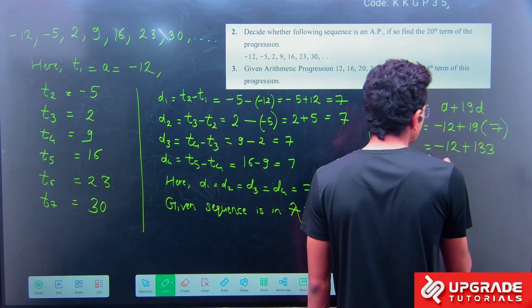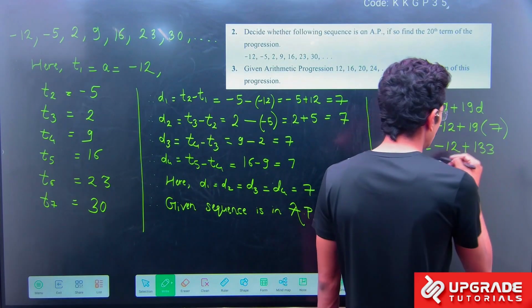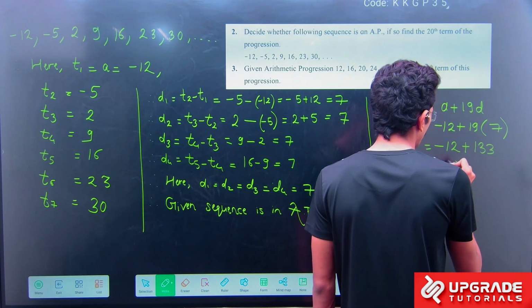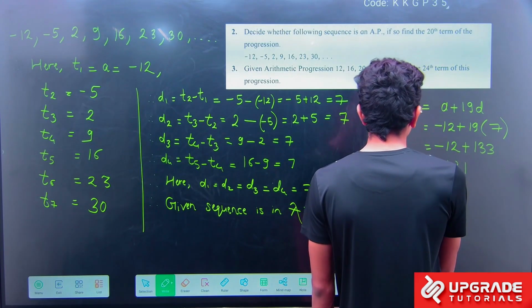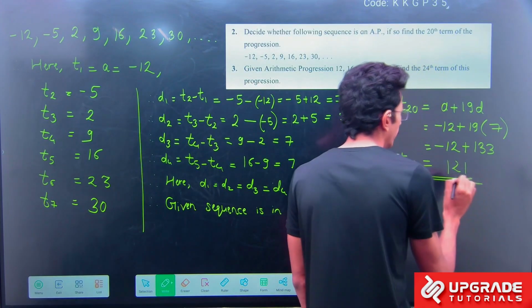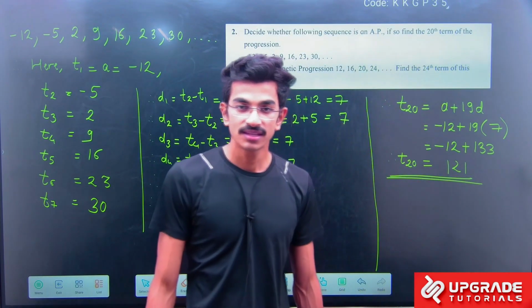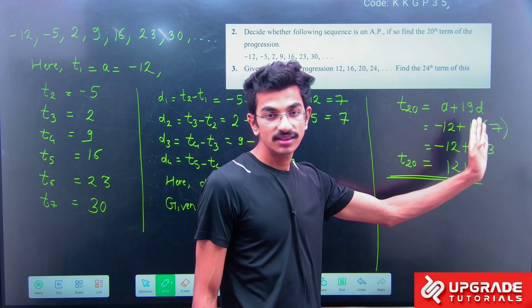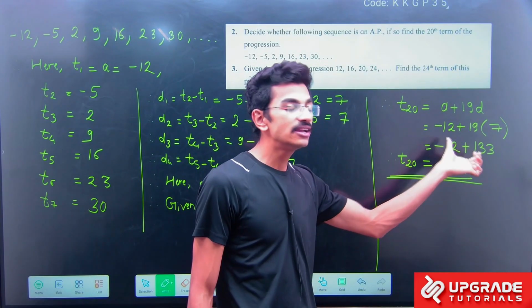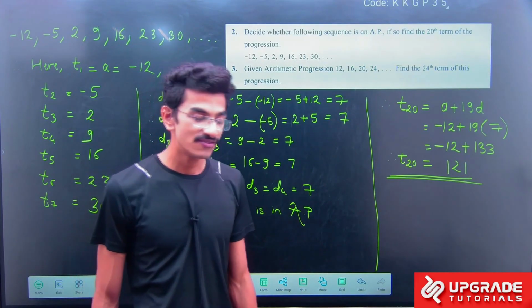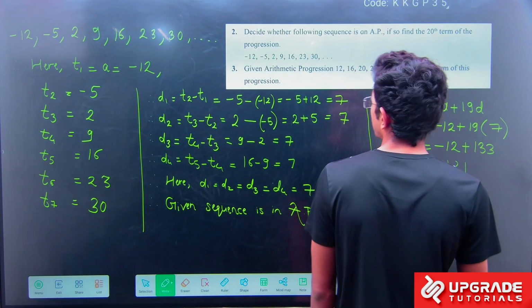So 133 minus 12 is nothing but 121. Therefore, T20 is nothing but 121. Understood? We have just multiplied the value of D with the coefficient and added or subtracted it from the first term, and you get the answer. It is very easy. Okay.